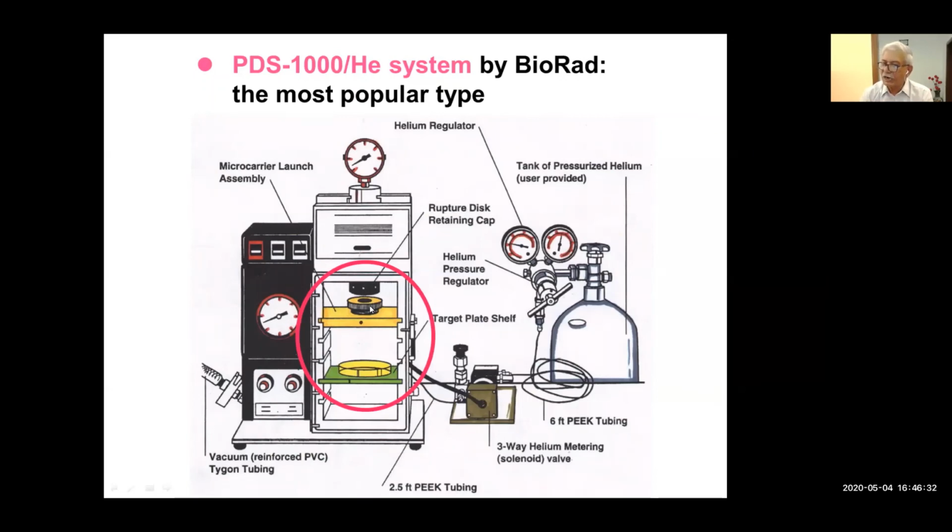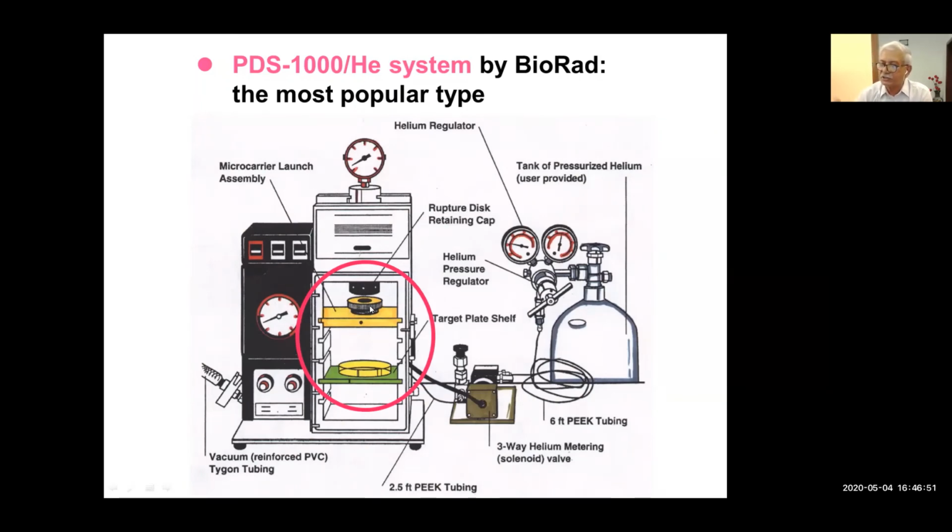If you bombard multiple tungsten particles and they enter into a cell, they can damage the cell and the cell can die. Okay? So you need to maintain a small concentration of the tungsten particles coated with the DNA, all of them separated.